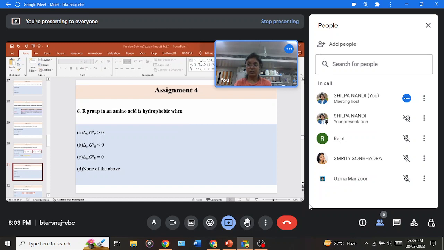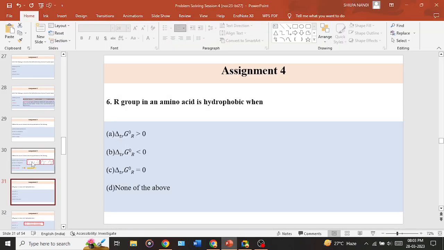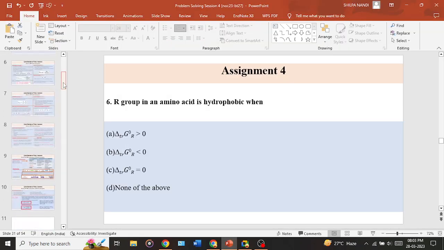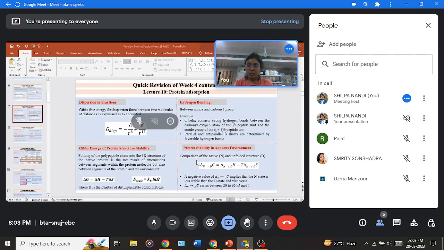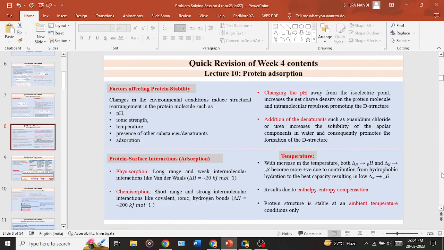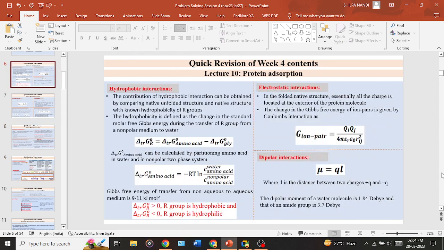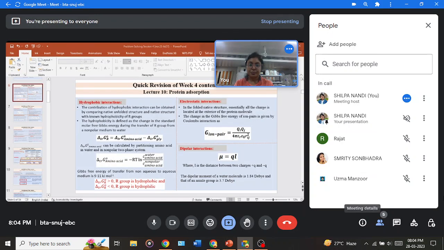So if you go through lecture number 10, here you can see how we determine the hydrophobic interaction.